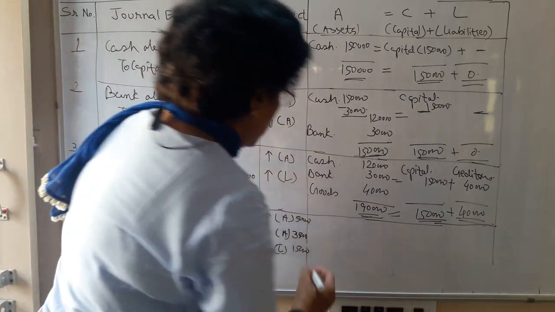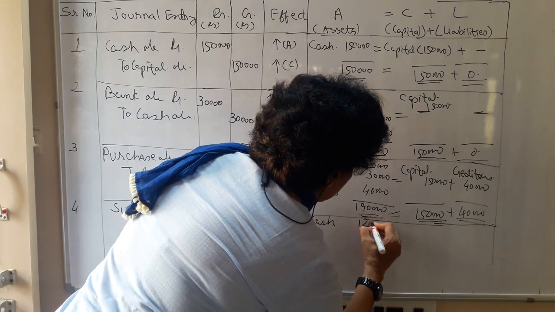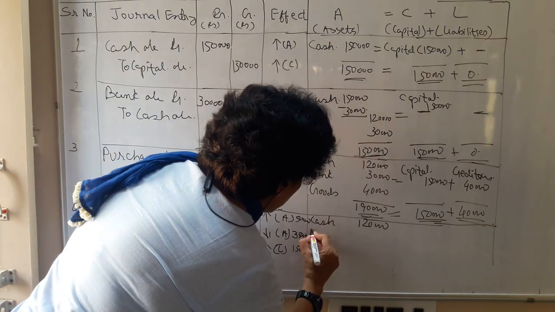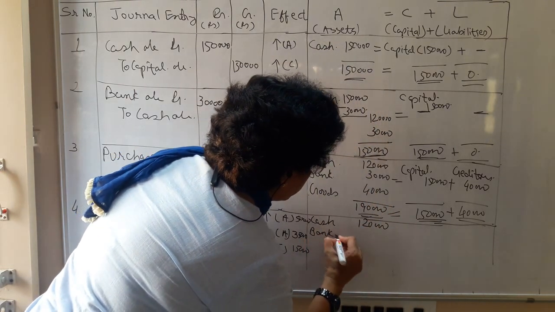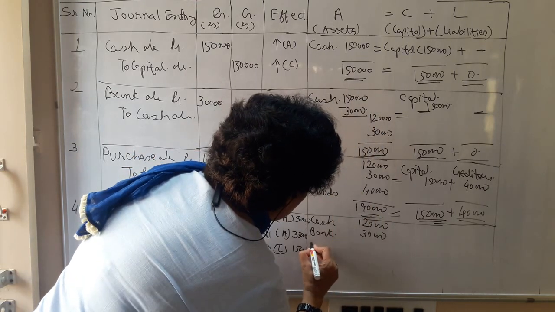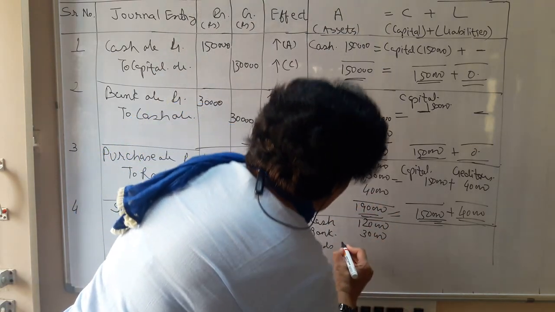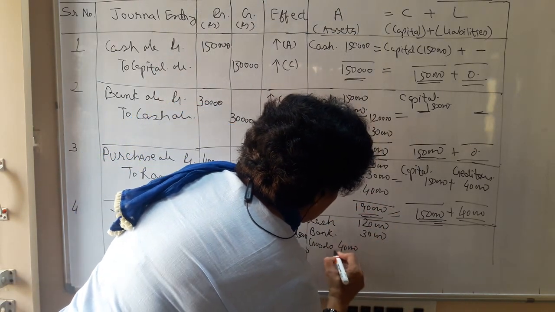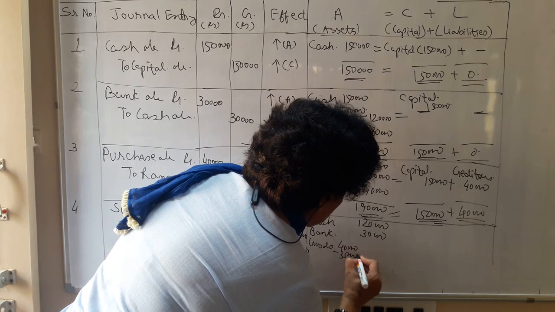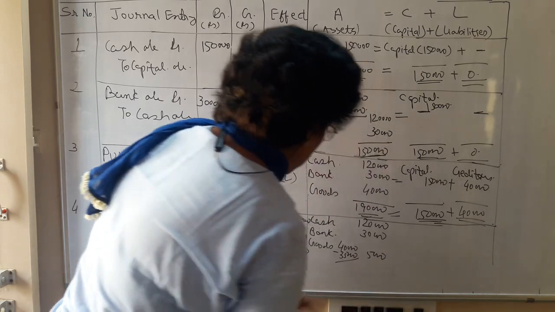Let us see now. Cash account same, 1,20,000, there is no change. Bank account rupees 30,000 as usual. The goods account, it was 40,000 minus you have sold 35,000. So now you have only 5,000 remaining.